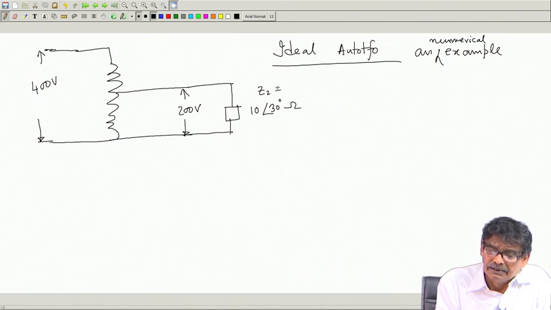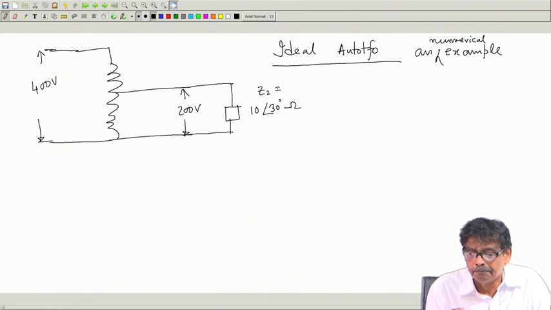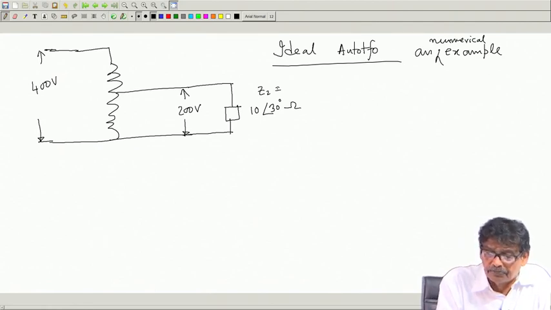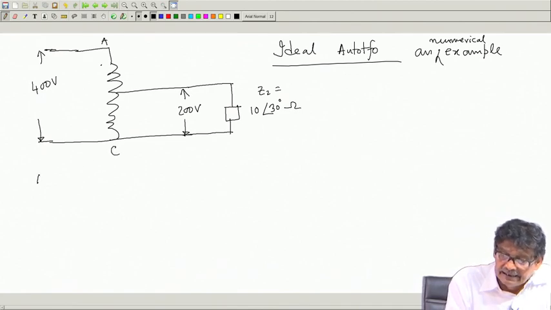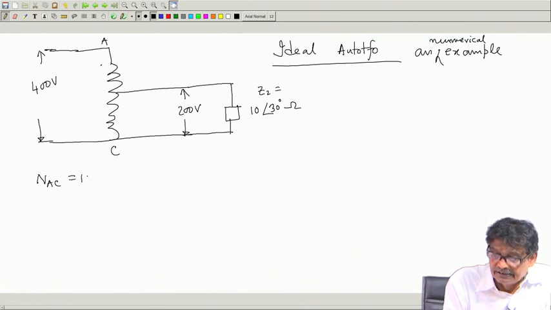One way of doing this, because this is 200, this is 400 given, otherwise number of turns could have been given. Suppose I say that this is A, this is C, A and AC, suppose I say it is 100.